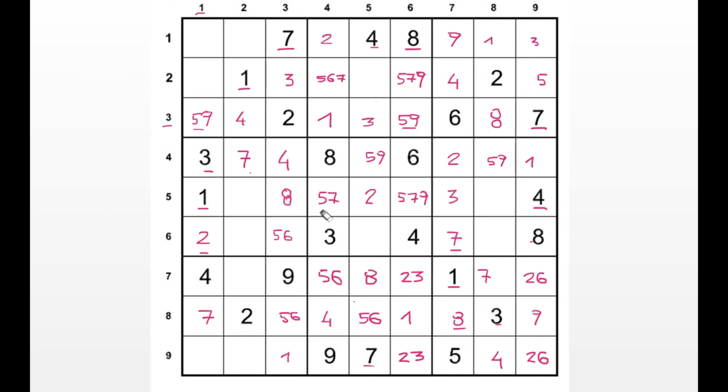Now there are 3 numbers in 3 cells, and these numbers are 5, 7 and 9. And this last cell will be the remaining number, and that will be number 1.